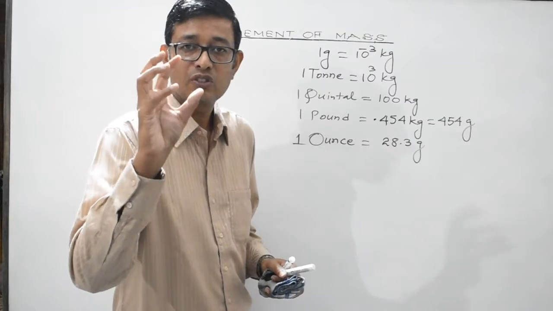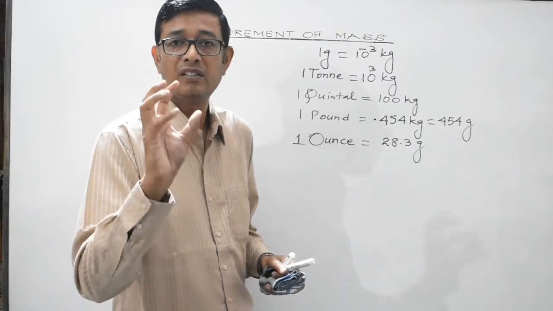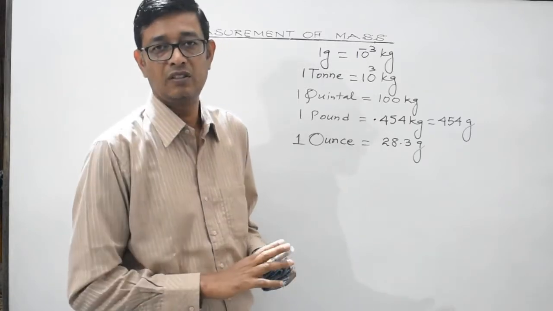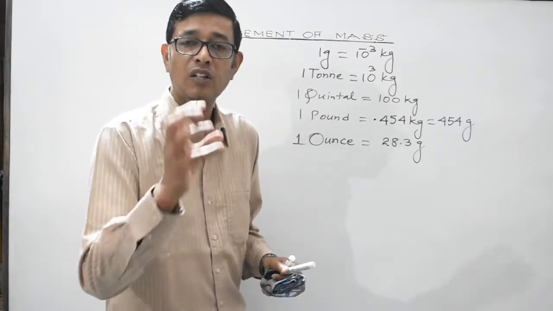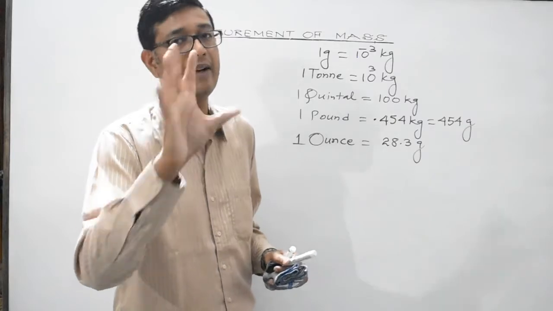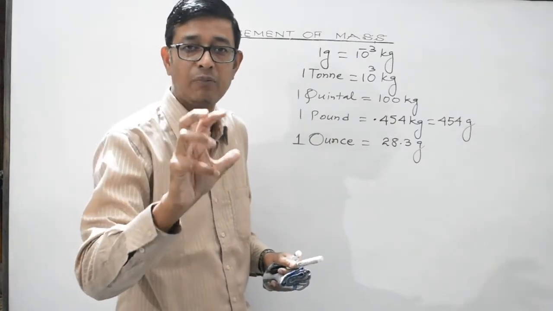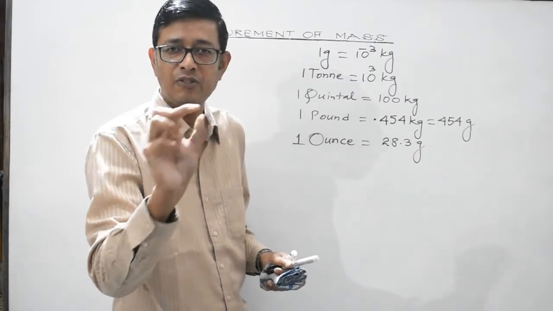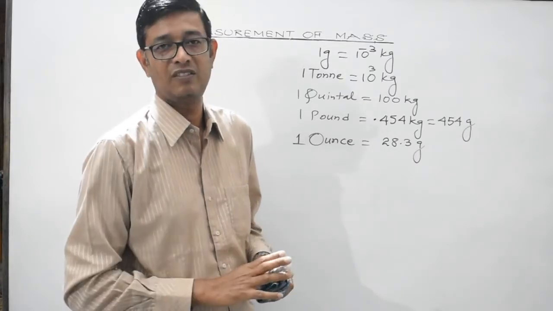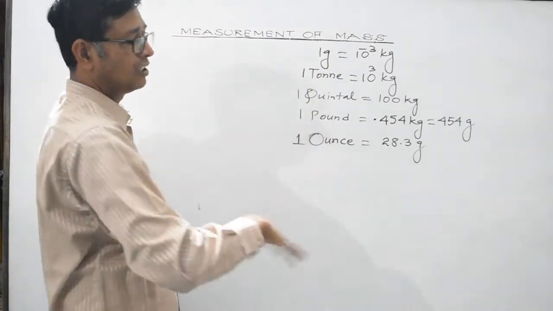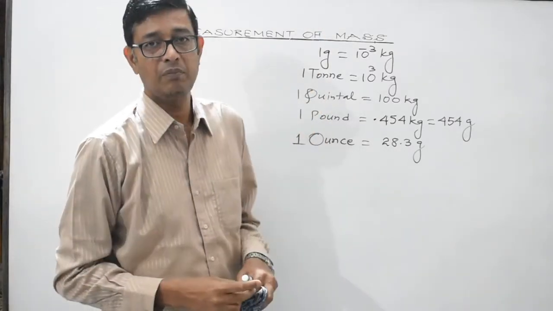The mass of the cricket ball is about 5.5 to 6 ounce, which is about 150 to 160 grams. So there we make use of ounce. So these are various different units for measuring mass.